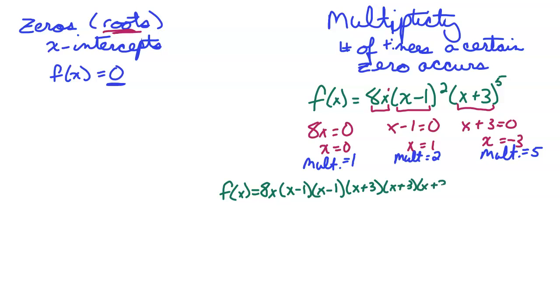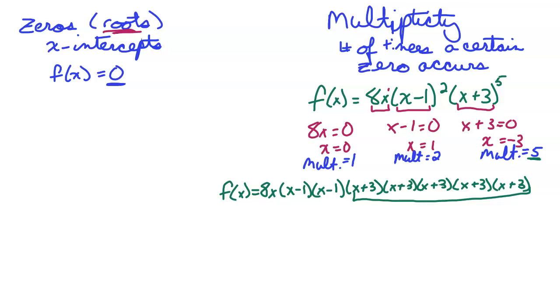There's 2, there's 3, there's 4, there's 5 times. So the multiplicity is telling me how many times that factor actually occurs if I were to set each of these factors equal to 0. Notice x minus 1, if I were to set both of these factors equal to 0, the multiplicity would be 2. And this x equal to 0 only occurs one time.